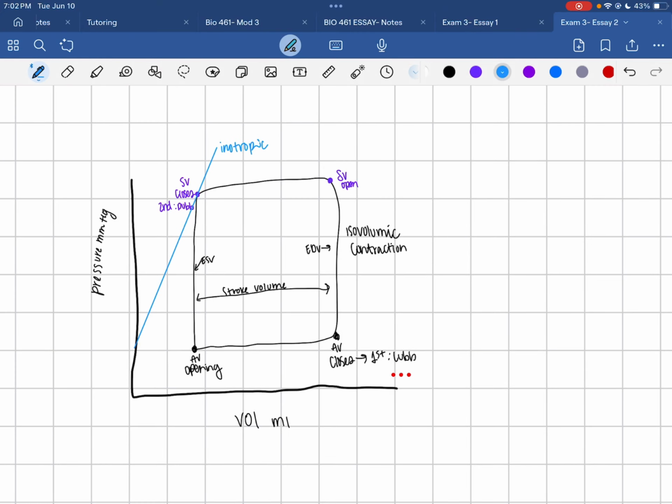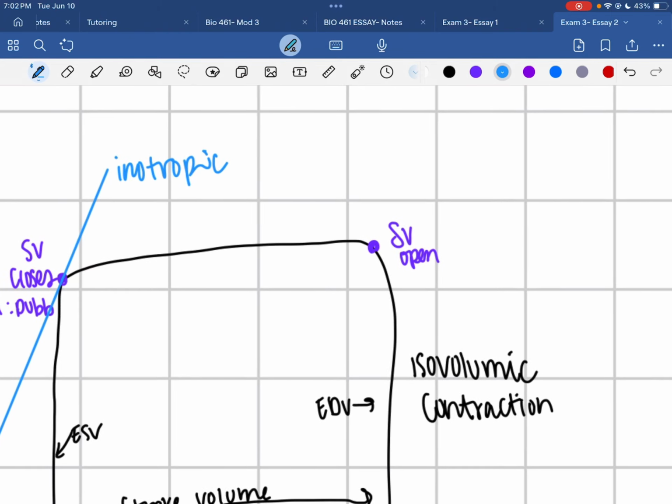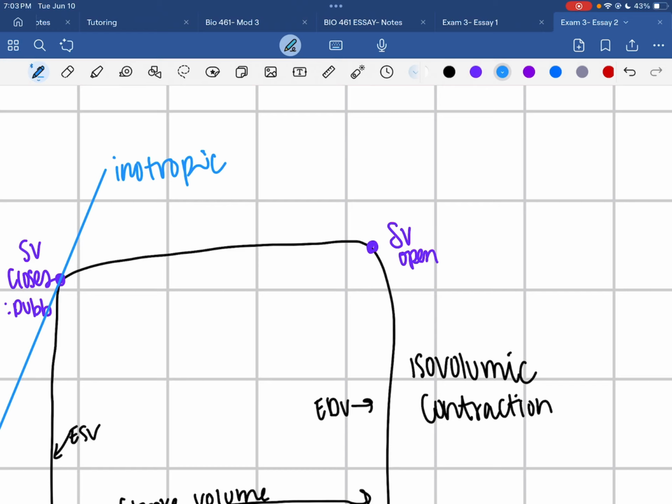This is our inotropic line, and it shows how much force the blood is being pumped with. Notice that we go up in pressure, but volume doesn't change very much. So anything making contractions more forceful shifts this line.